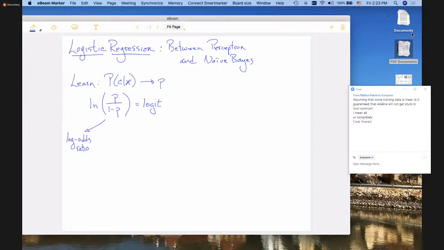All right, so I'm going to manipulate this a little bit to see what we can do with it. Again trying to simplify notation, we're going to just say that y is equal to the logit of p. I'd like to get rid of that log. It's a natural log, so we can take e and raise it to the power of the function, so e to the y.